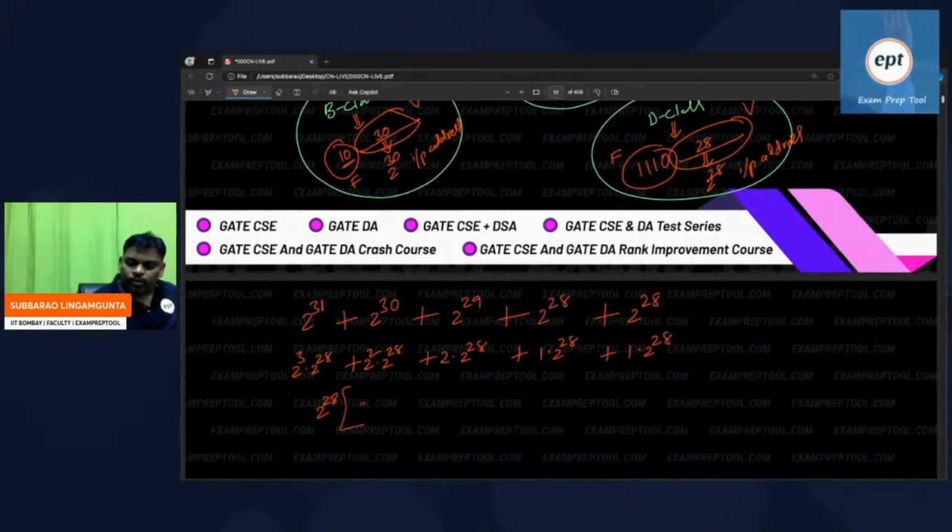From the first one, 2 cube is left out. From the second, 2 square. From the third, 2. From here, 1 left out, and from here, 1 left out.